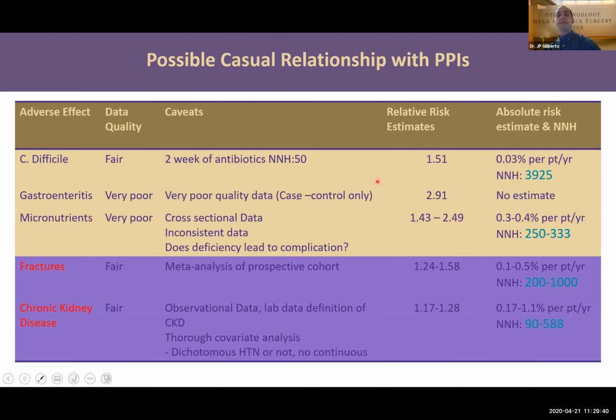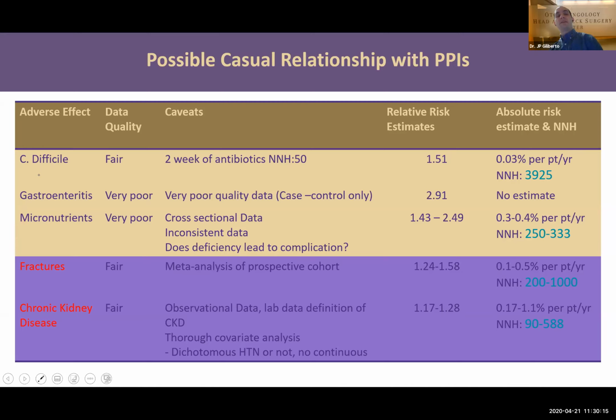Gastroenteritis has case control data only, but a lot of these risks are very weak, and their number needed to harm, or their absolute risk estimate, is fairly small, especially when you take into consideration C. diff, which, as I said before, has a number needed to harm of 50 for someone who gets 2 weeks of antibiotics. Now, these infections, excuse me, the micronutrients and the gastroenteritis and the C.